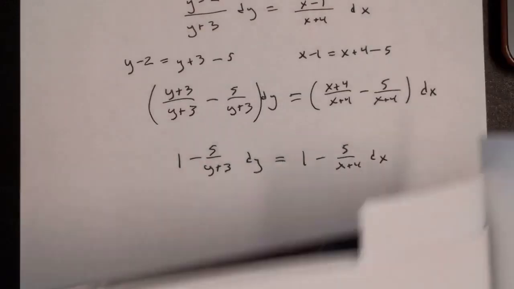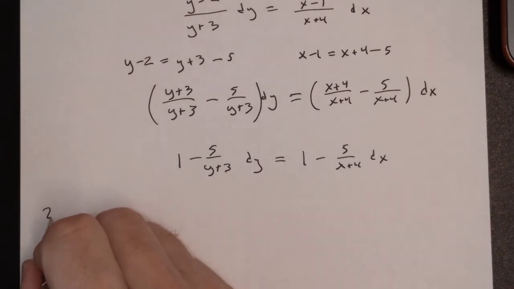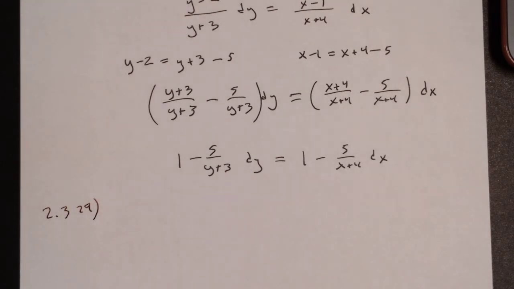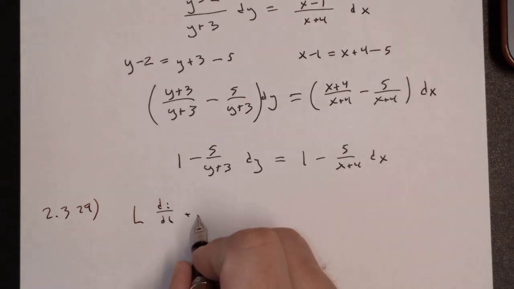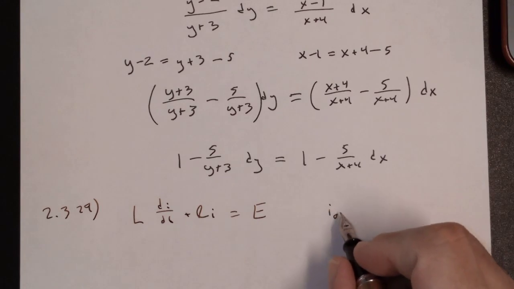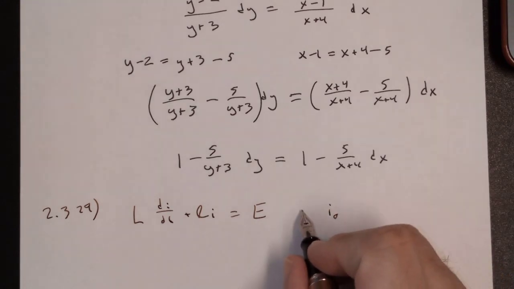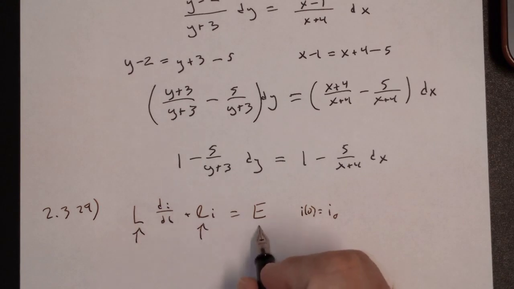L dI/dt plus Ri equals E, with I of 0 equal to I0. And all these things are numbers.